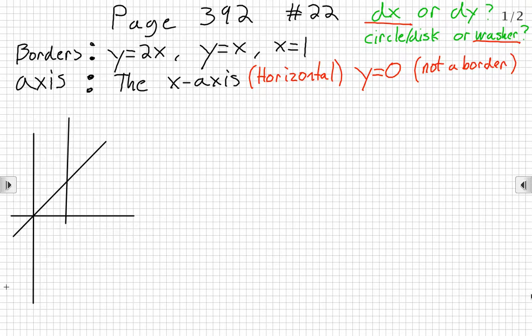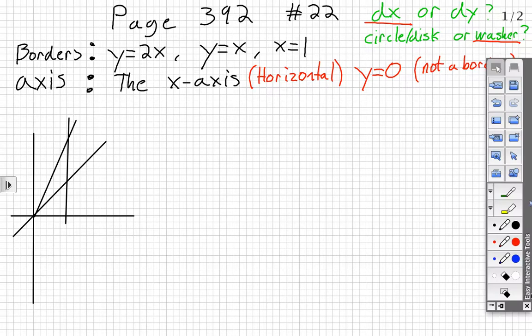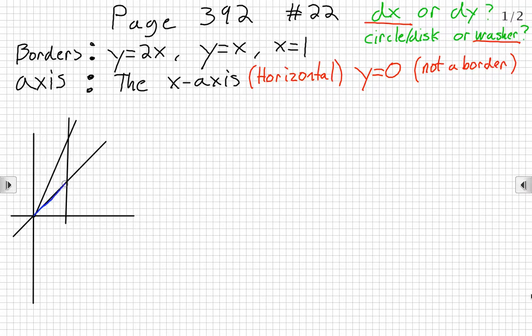And then we have the linear equation y equals 2x, which looks approximately like that. Let's highlight the region that's bordered by these 3 lines. So that blue triangle, the question is the region, and that blue triangle is going to get rotated around the x-axis.